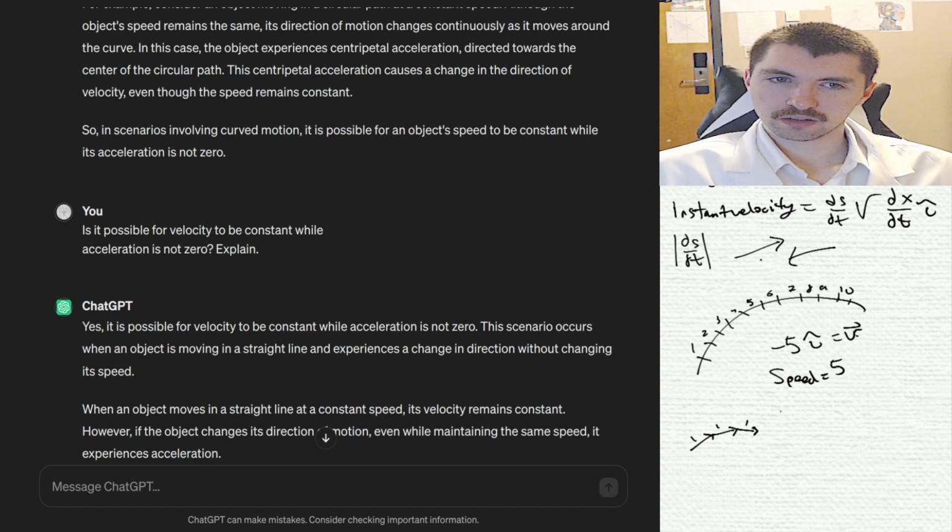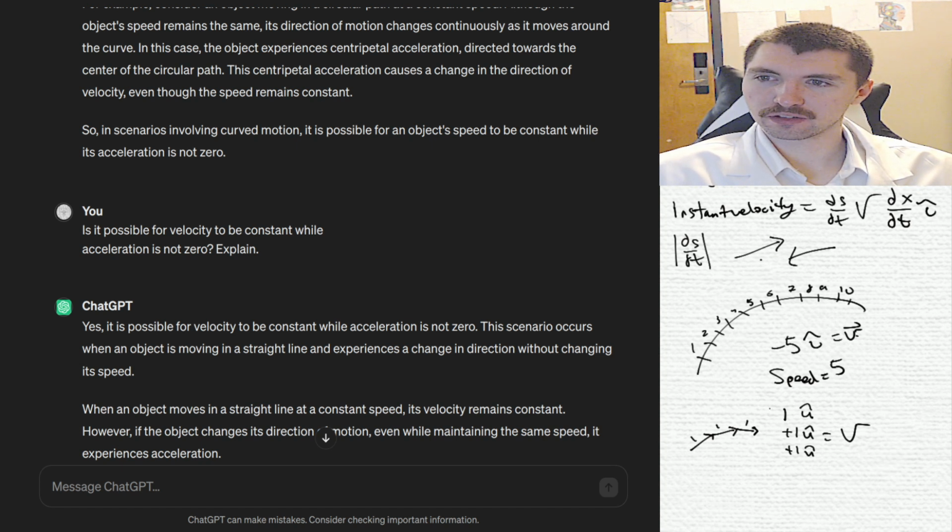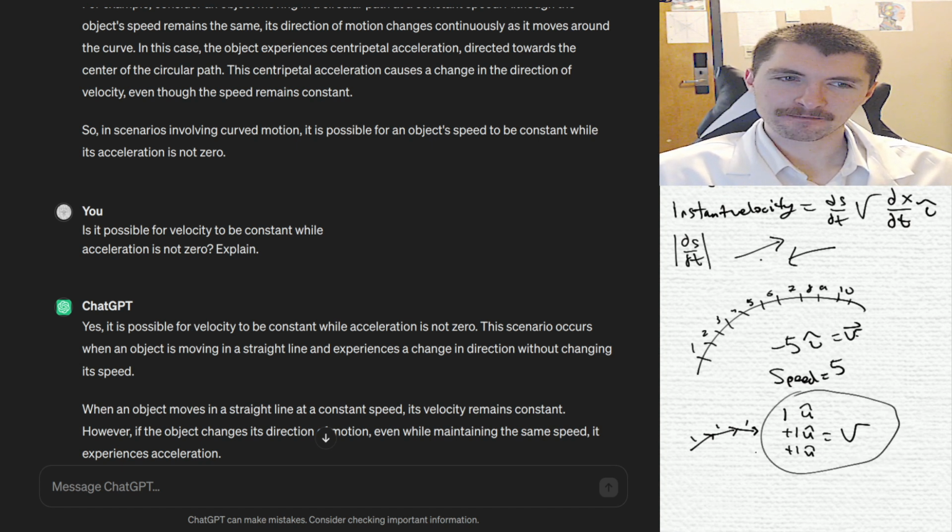So it's moving 1 u hat plus 1 u hat, something like that. So this is just pseudo math. Acceleration is not 0. So this, is it accelerating?